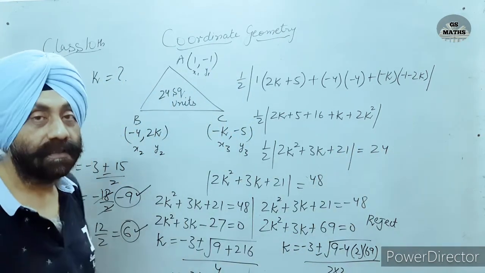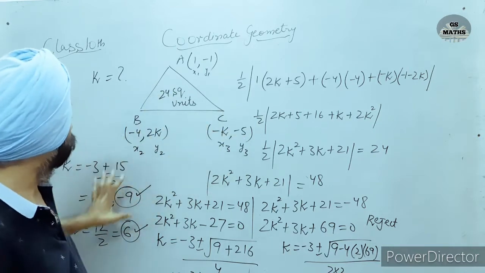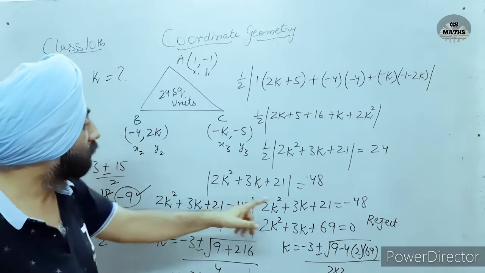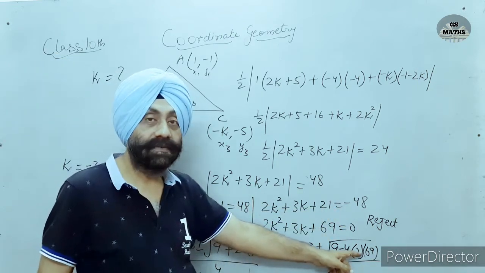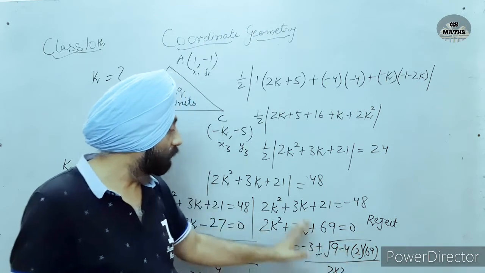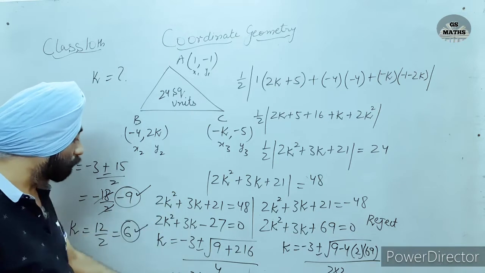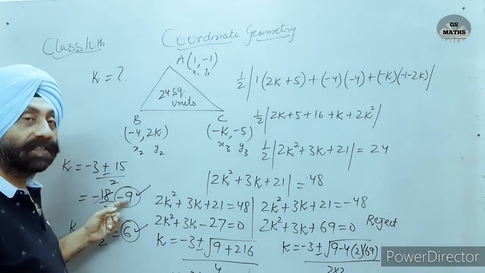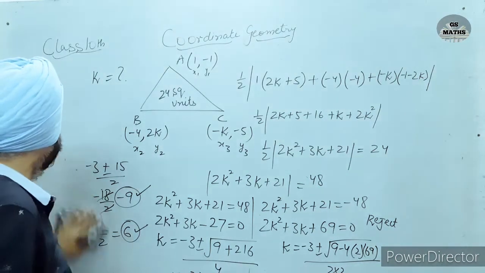It is not possible to have the area of any figure negative. So I took the positive sign first, I took the negative sign first, and solved this. Here b square minus 4ac, the discriminant, was less than 0, so this case is rejected. But when we solved this equation, I got the values of k as minus 9 and 6. Hope you have understood the concept.